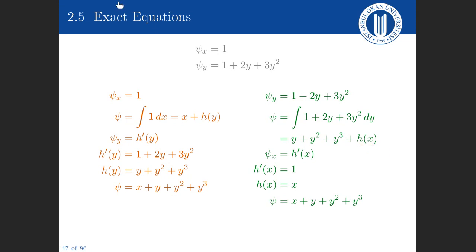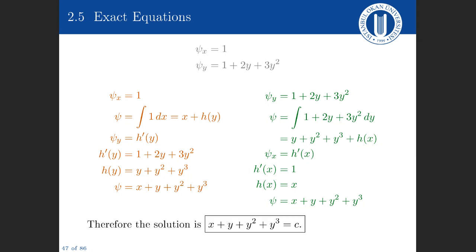Doesn't matter which equation you start with, choose one of them, integrate it and then differentiate it and compare it with the other one. And then as soon as you know the function psi, you know the solution to the differential equation. Because the solution is always psi is equal to a constant.